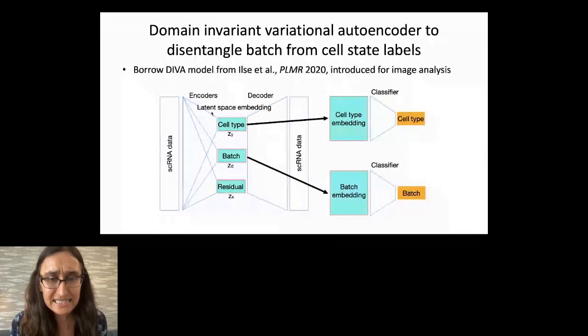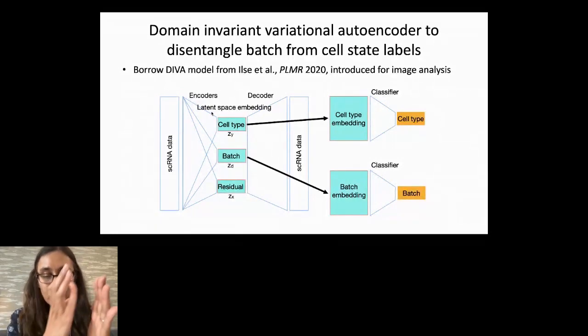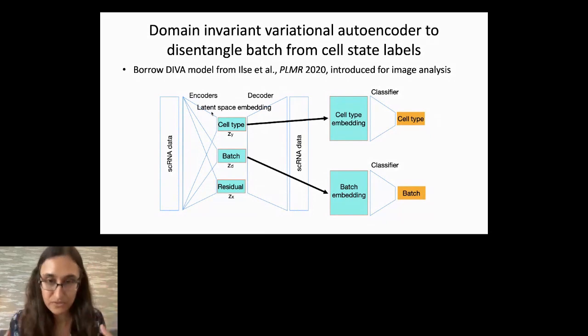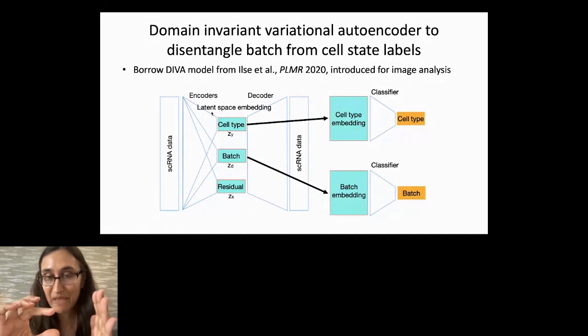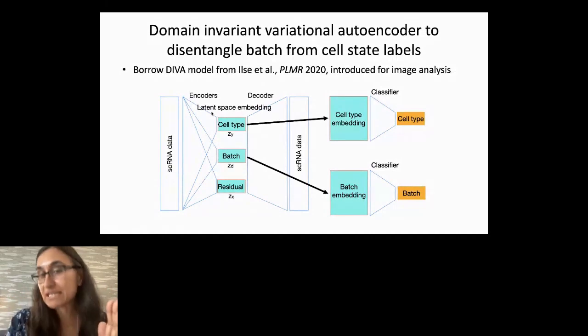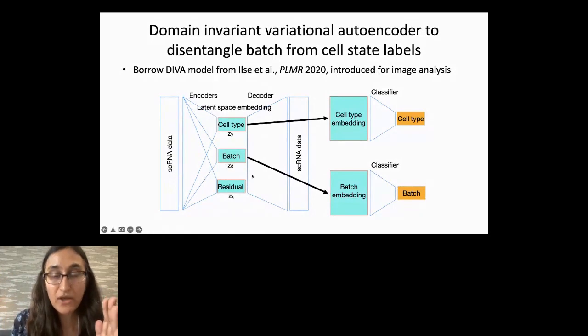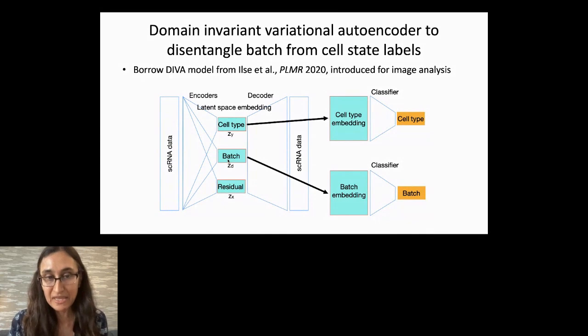And so the idea is that in autoencoders, this is a deep learning method where you have an encoder and a decoder, and you're pushing the data through a bottleneck, a smaller latent space, and you're trying to reconstruct your original data. So you're forcing your bottleneck to learn important features of your input data.